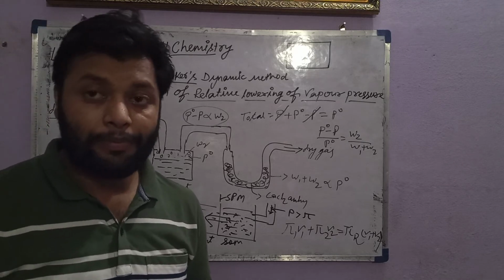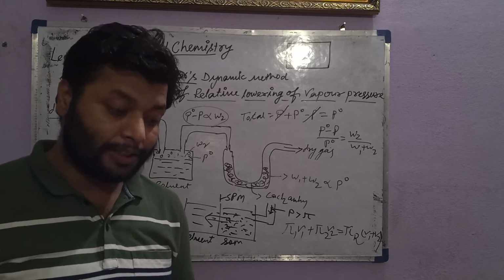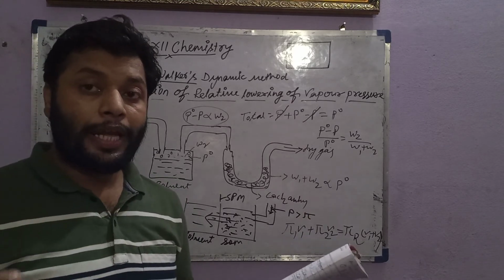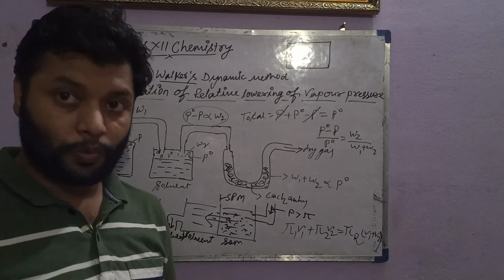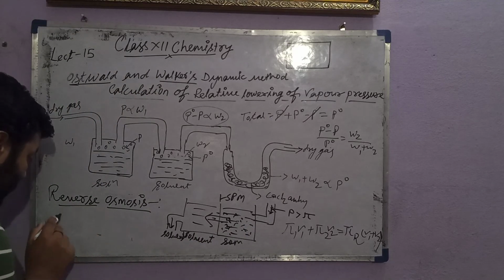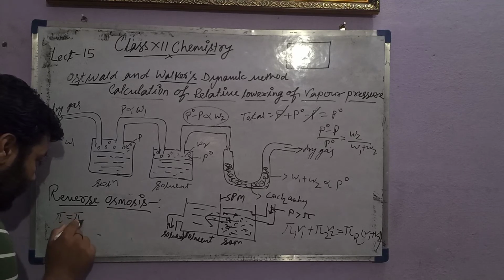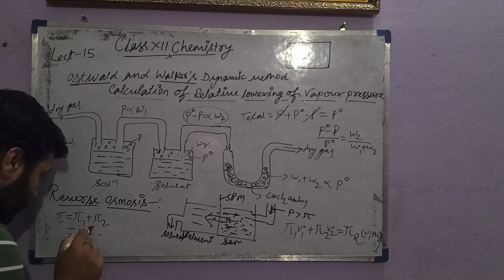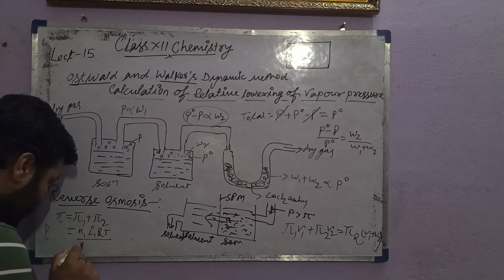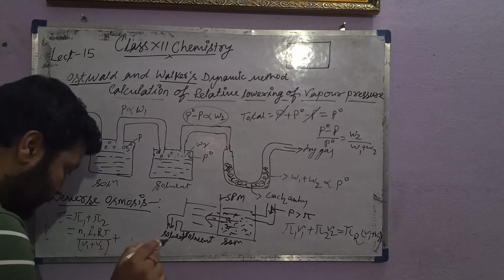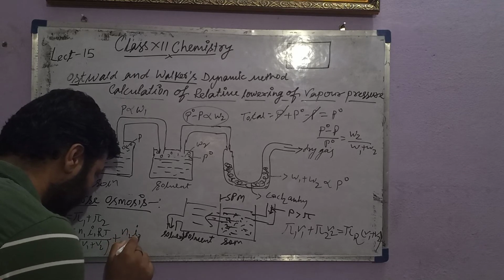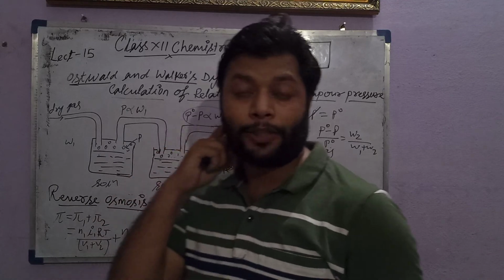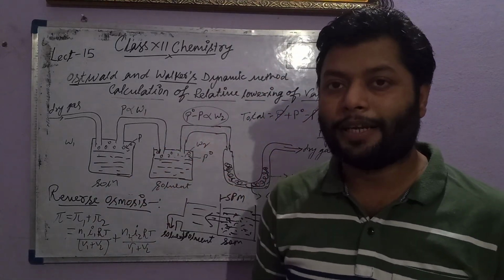If the solutes are different, with numbers of moles N1 and N2, then the resultant osmotic pressure on mixing the two solutions is pi equals pi 1 plus pi 2, that is, N1 i1 RT upon V1 plus V2, plus N2 i2 RT upon V1 plus V2, where i1 and i2 are the Van't Hoff factors, which will be explained in the next lecture.